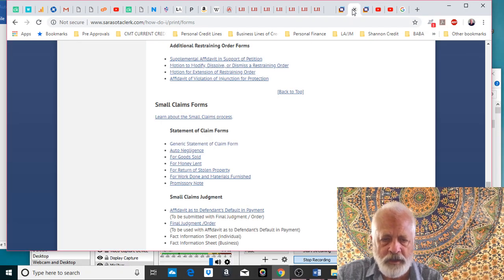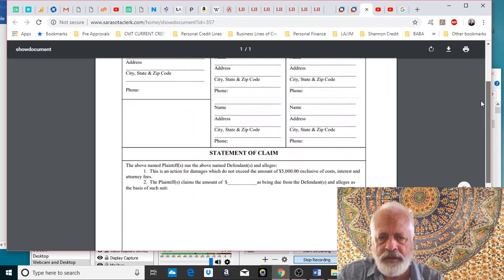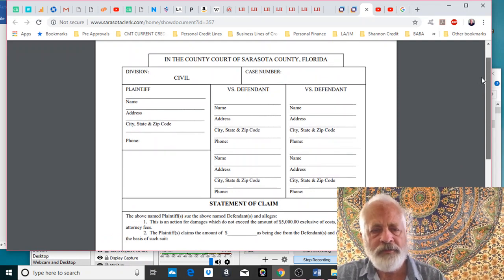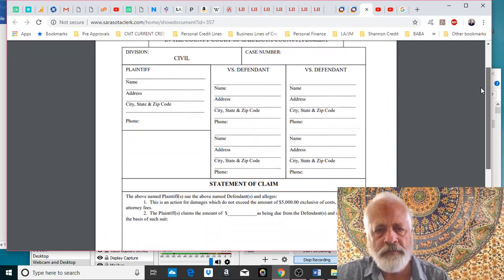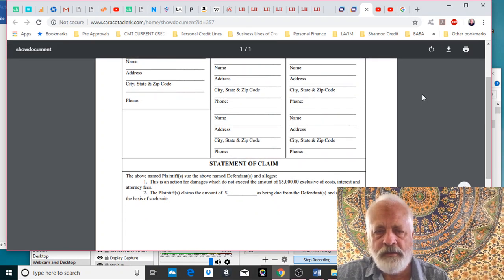I looked up small claims forms. I Google searched, and look, it has them. Then I clicked on this generic statement of claim form. Okay, here it is. This is a really easy 1-page form in every state and every county. Small claims is super simple. That's why it's great. And with the trust and that form, you can do it for free.